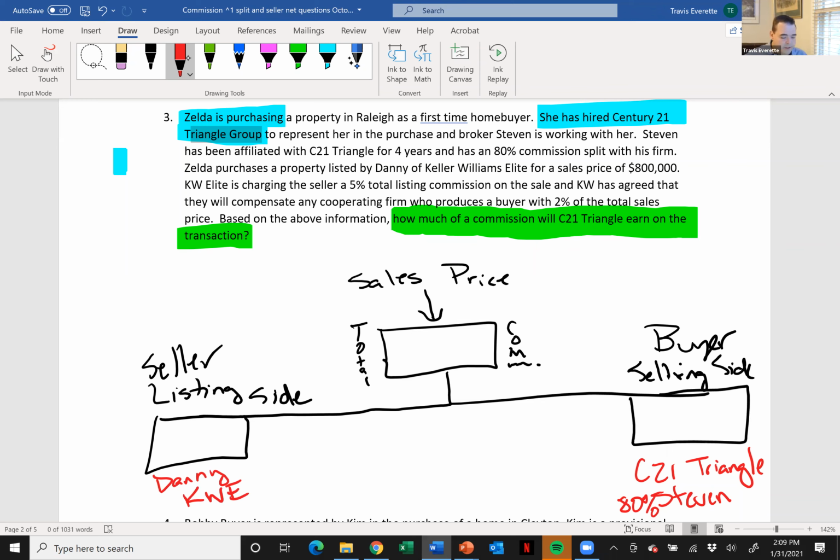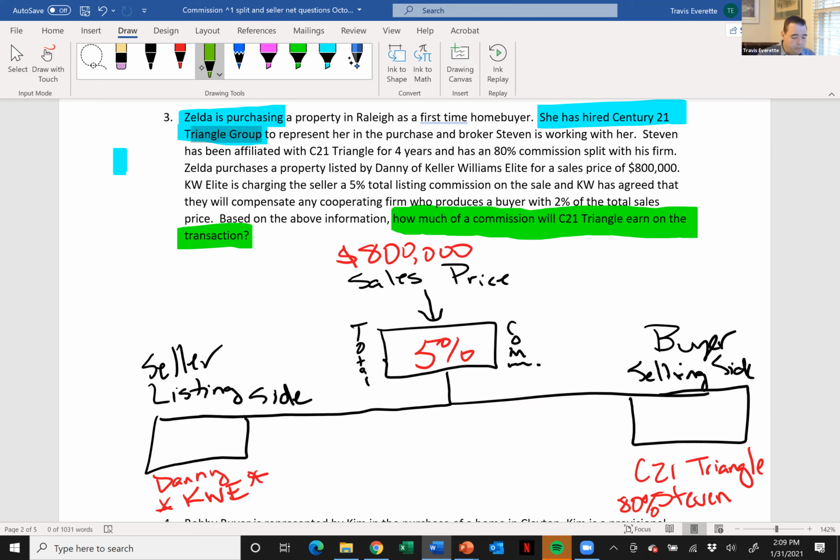For a sales price of $800,000, well, I know where that goes. That goes all the way up here at the top. Okay. Keller Williams Elite is charging a 5% total listing commission. Well, I know where that goes. That goes right here in this box. And Keller Williams has agreed that they will compensate any cooperating firm who produces a buyer. So Keller Williams, who's right here, is going to compensate another firm.